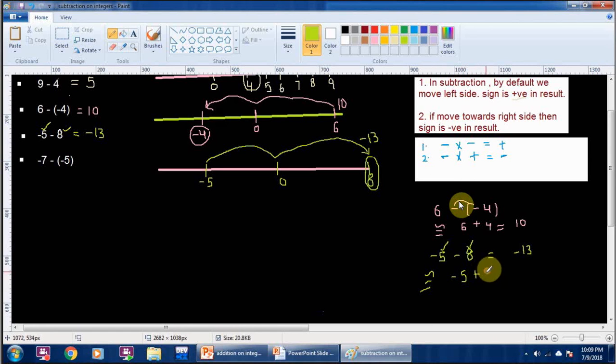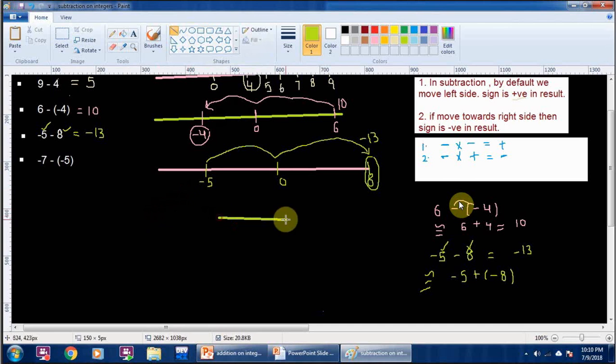As we know, in addition of two integers, if both numbers are of the same sign, then we add the values, that is 5 plus 8, that is 13, and the sign of the biggest number. In this case, the sign of 8 is used, which is minus. So my answer would be -13.